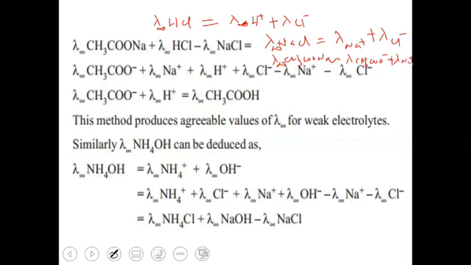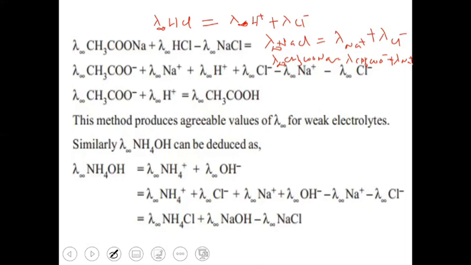Is it clear? Yes. So this way you have to write the lambda infinity for the cations and anions for every single strong electrolyte.